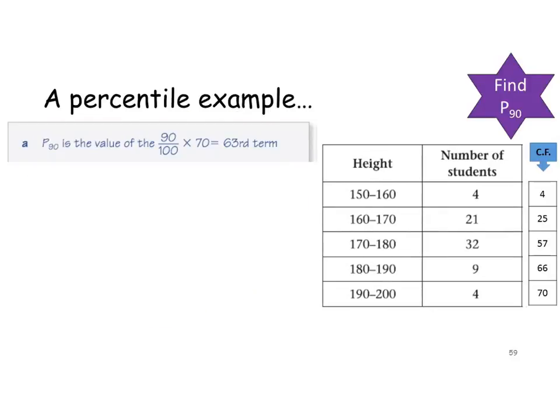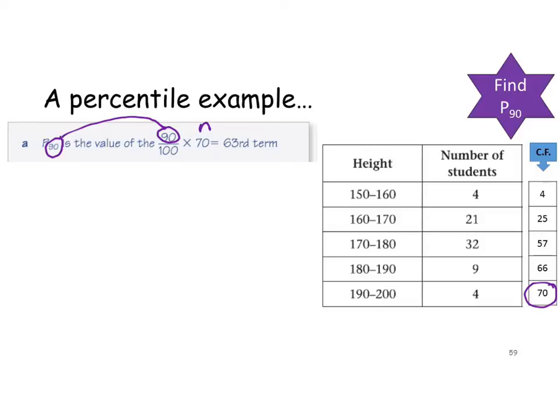And here it is. So we wish to calculate the 90th percentile, so that means that we need to do the 90 divided by 100 times n. Well, n is 70, our total number of pieces of data.